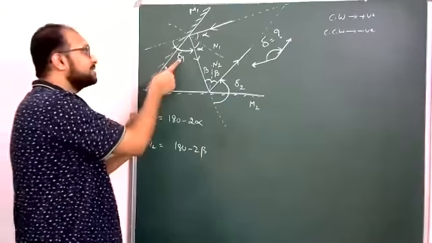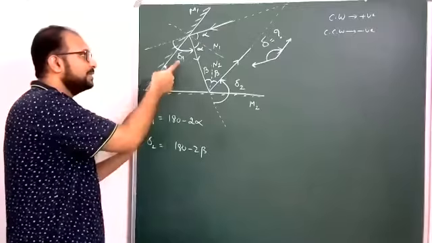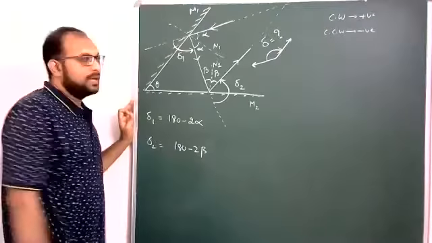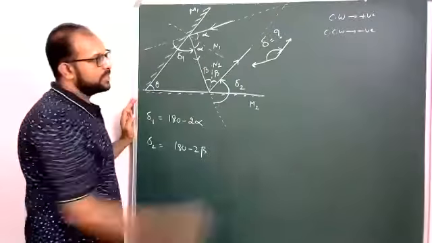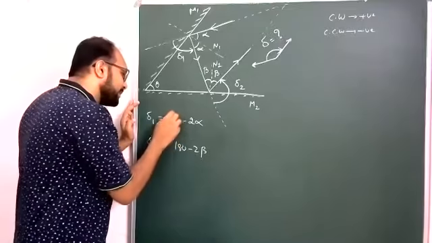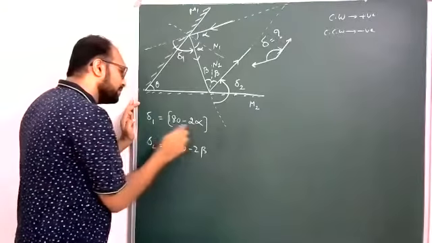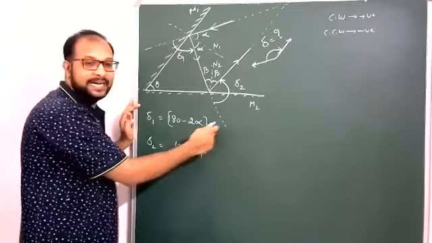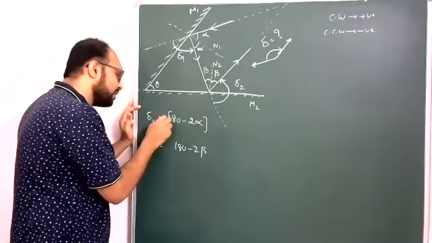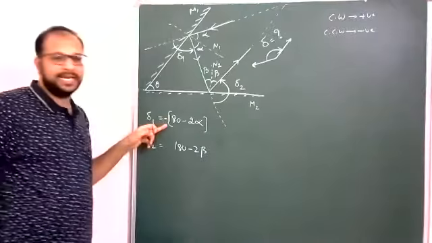But here this deviation delta 1 is in the counterclockwise direction, and what we assumed is that counterclockwise means negative. For reference purposes, you can write counterclockwise here, otherwise we already assumed counterclockwise is minus. That's why I am giving the minus symbol here.